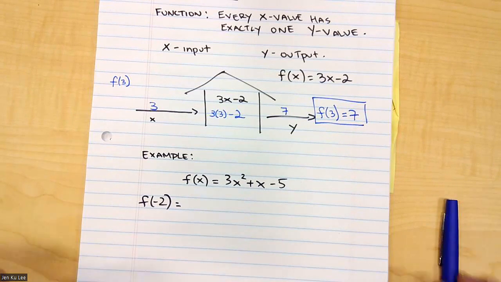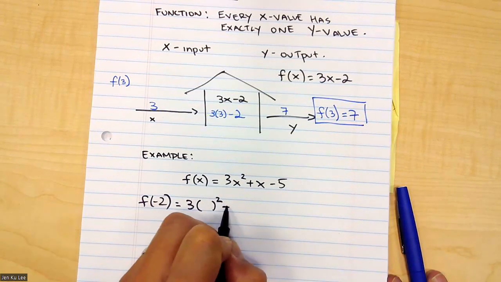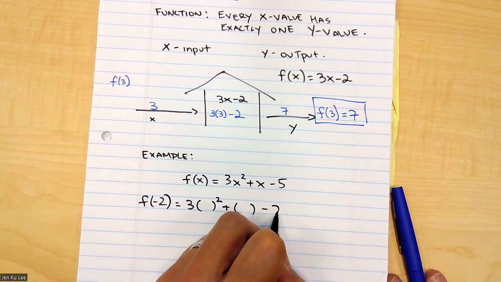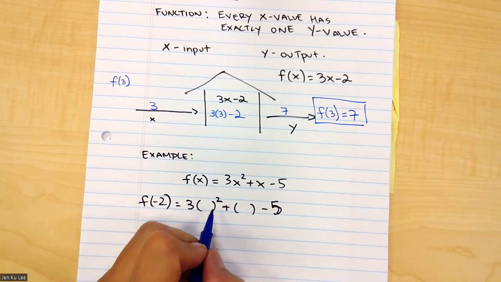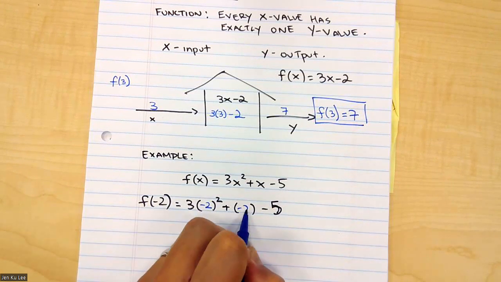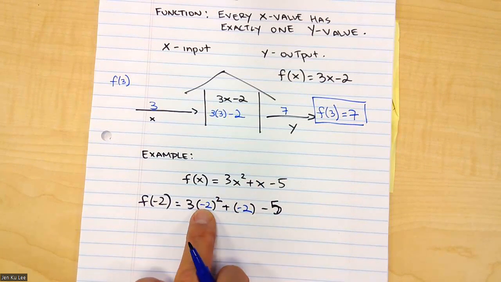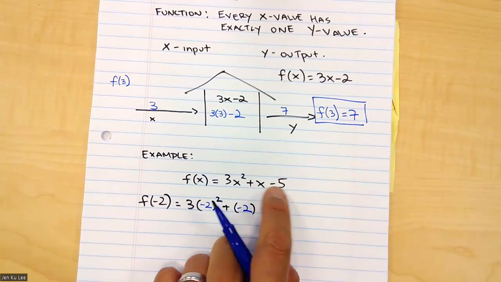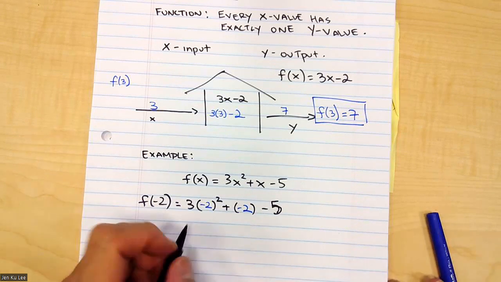We would literally just plug in negative 2 for my x values, right? 3x squared, so 3 times negative 2 squared, plus x, plus negative 2, minus 5. And then we just simplify this using the order of operations.